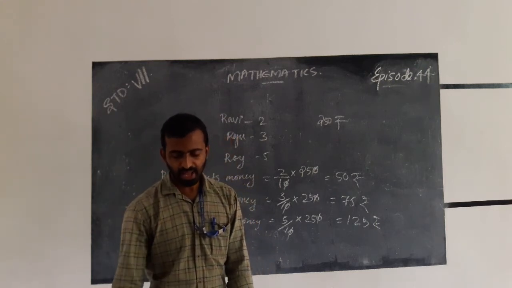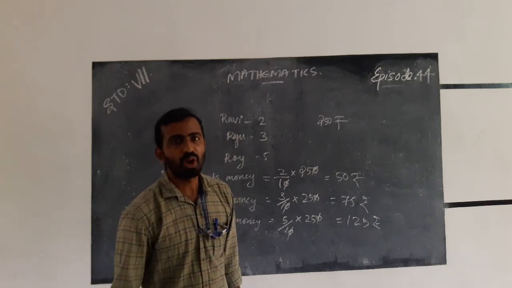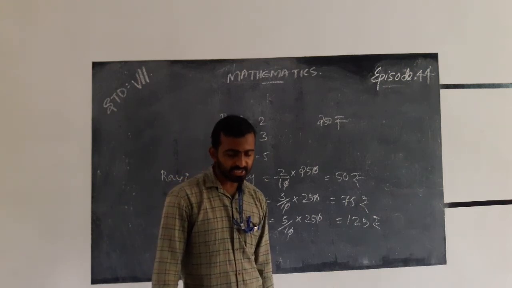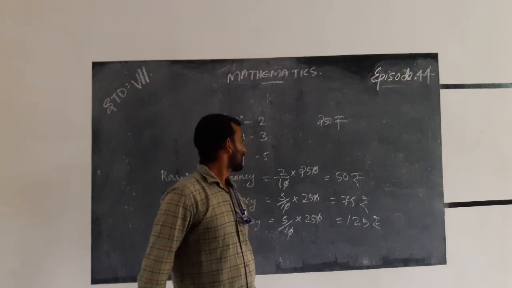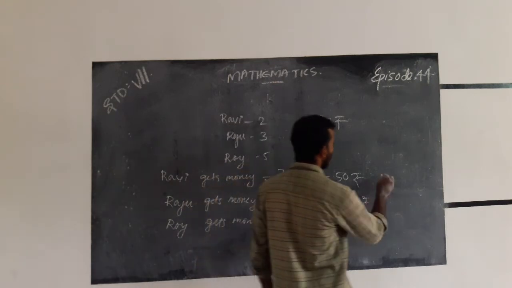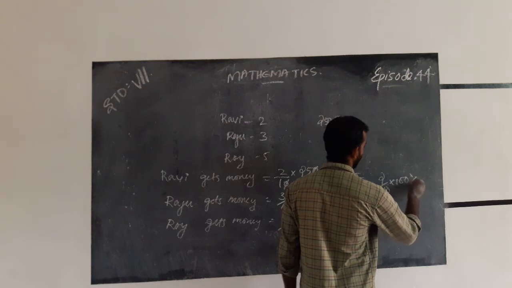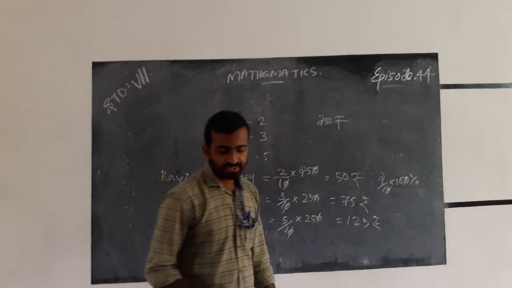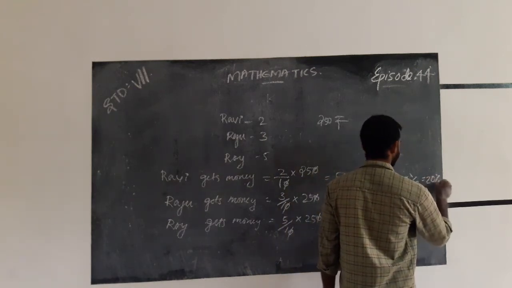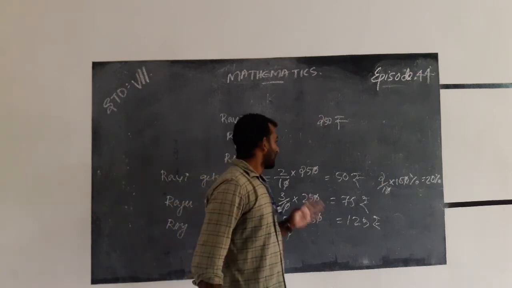And next we are discussing the percentage. Ravi's percentage is 2 by 10 into 100 percent, that is 20 percent.